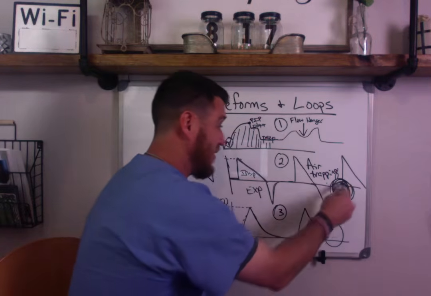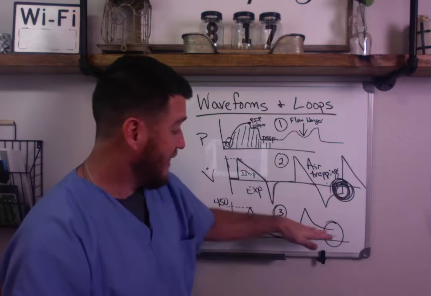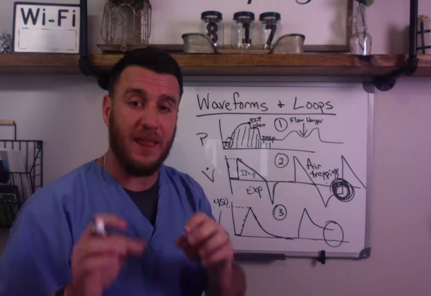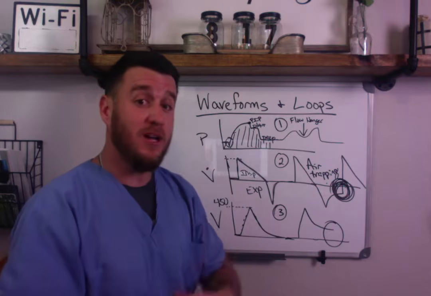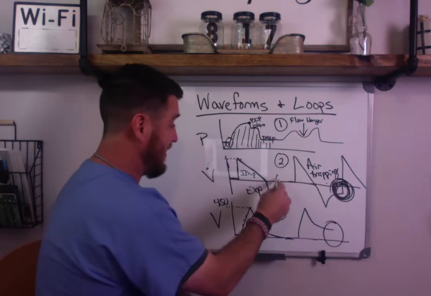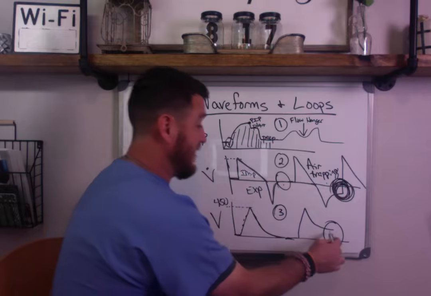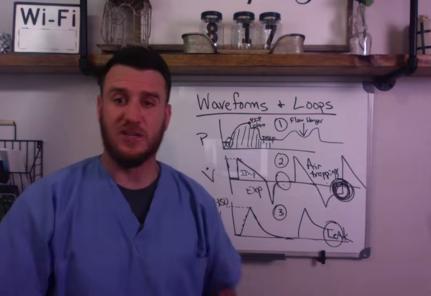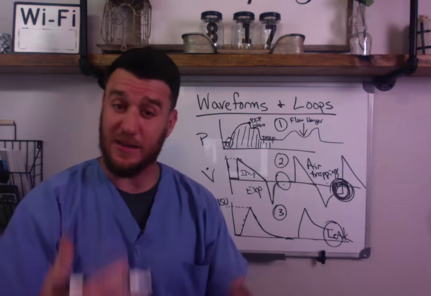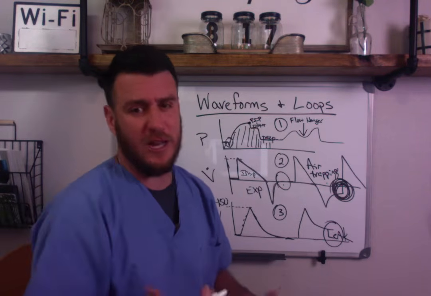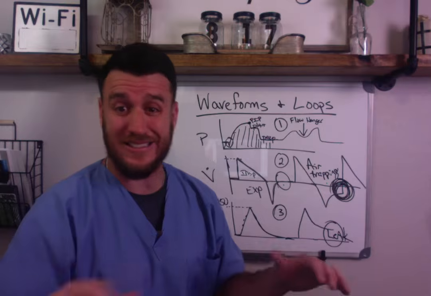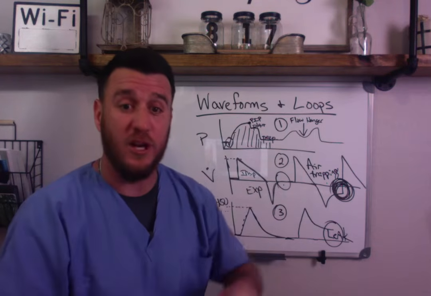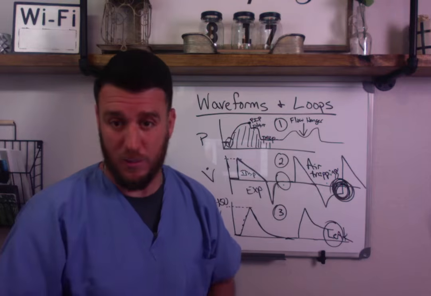If it doesn't return to baseline, then the volume isn't coming to baseline because your patient is air trapping. But if you look back at your flow waveform and you see this, then this is a result of a leak. So you have to critically think about this and go, okay, volume's not coming back to baseline. That doesn't tell you anything. You have to look back at your flow waveform to assess exactly what's happening.